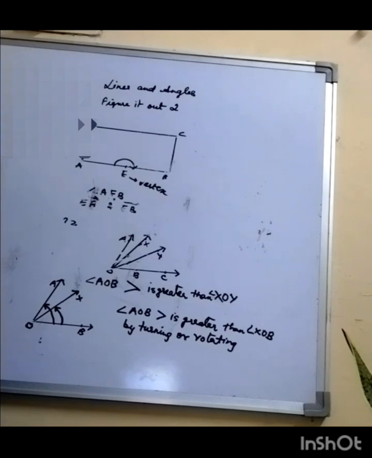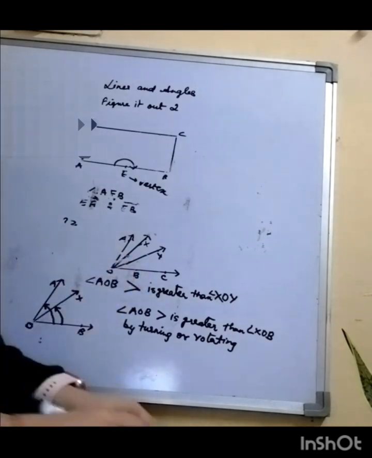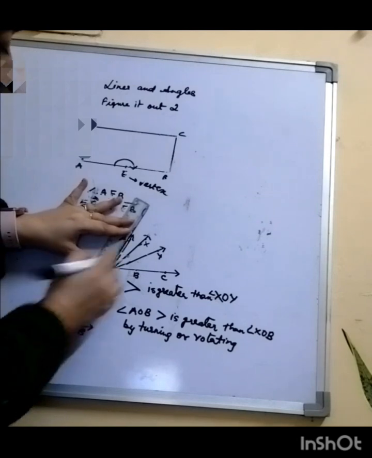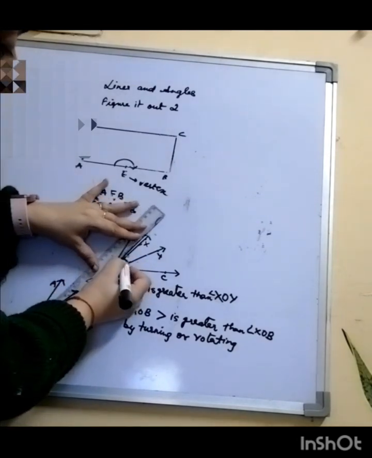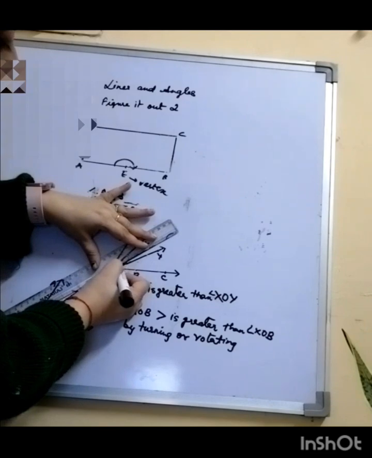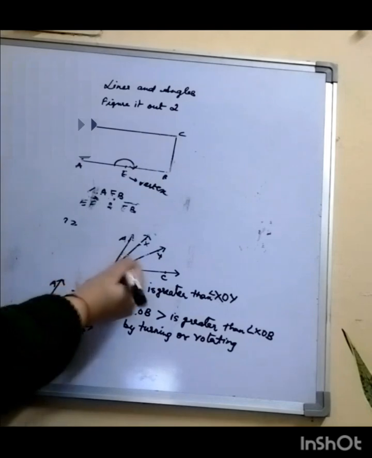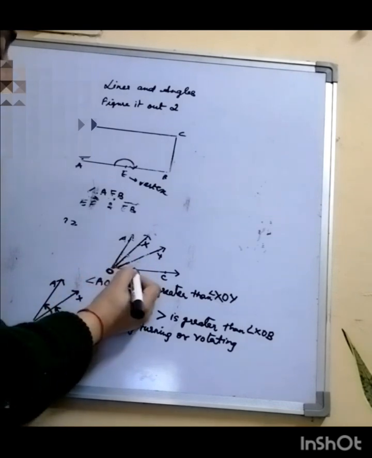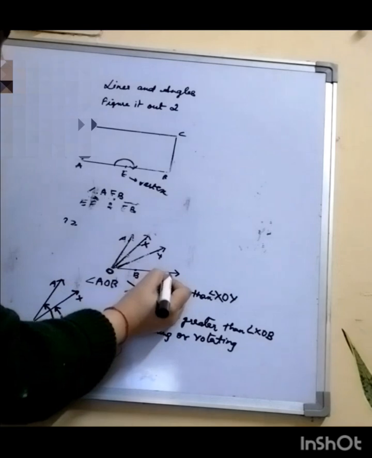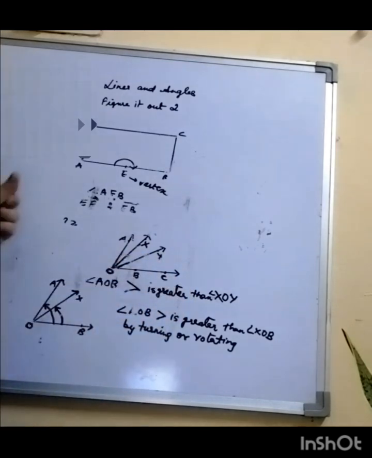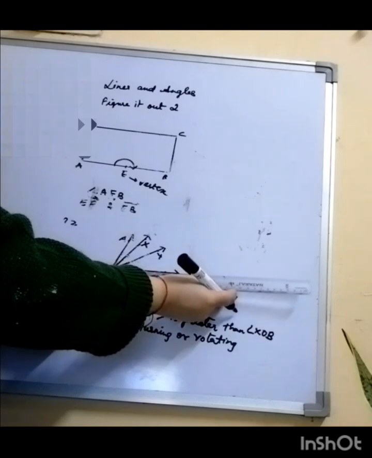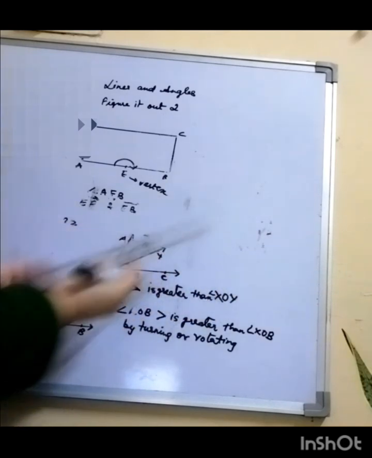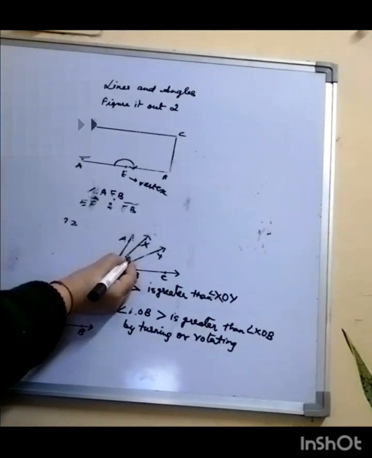Then third is angle XOB or angle XOC. So now we see XOB and XOC. Now in the original figure, just look over here. In the original figure, XOB and XOC. Even if you start from OB and turn till X, I get this measurement.